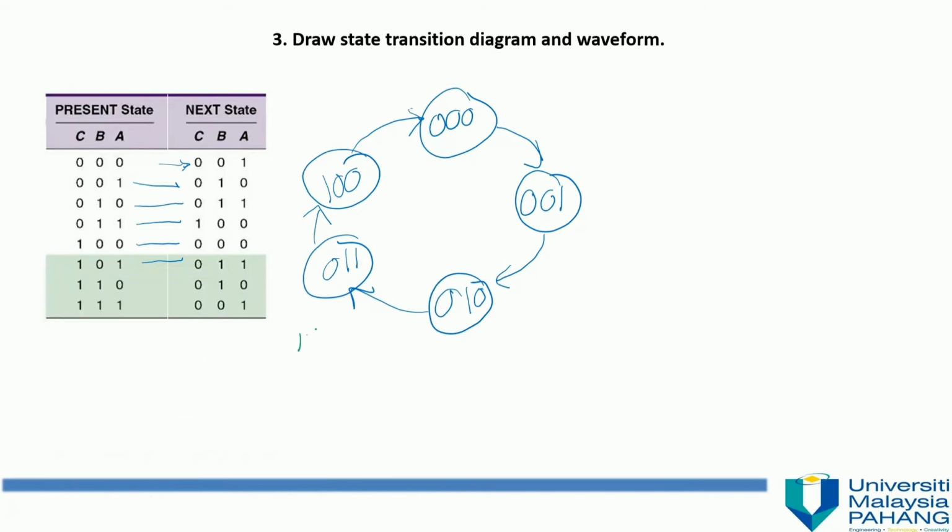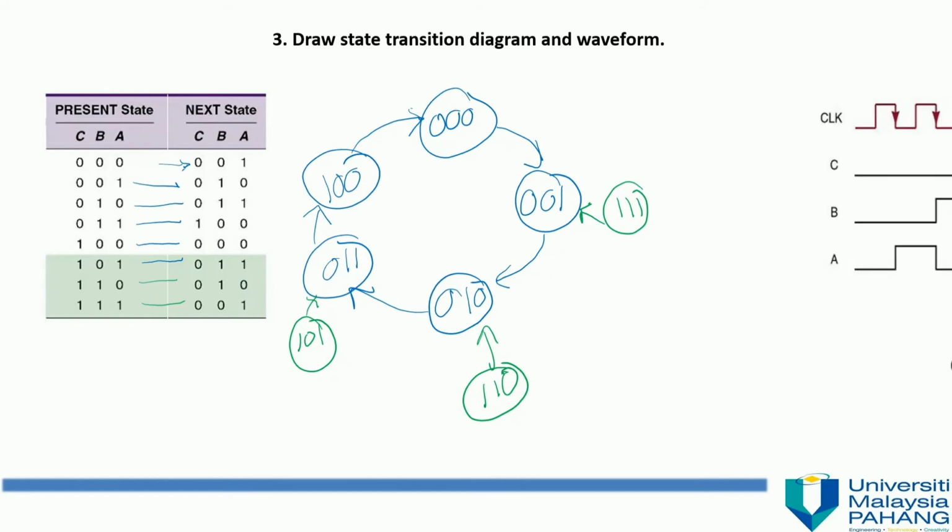This is the unused state. 1, 1, 0 goes to 1, 0, 1, and finally the last one, 1, 1, 1 goes to 0, 0, 1. Okay, this is the state transition diagram. You can see the process is the reverse of the counter design topic previously.